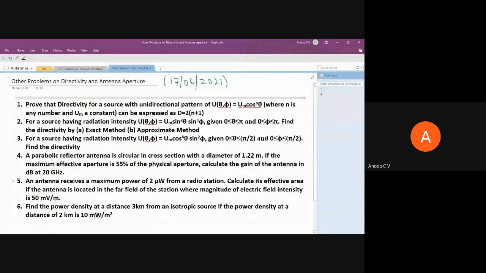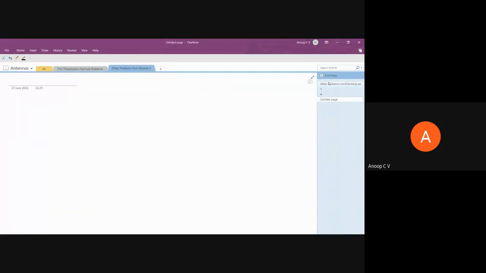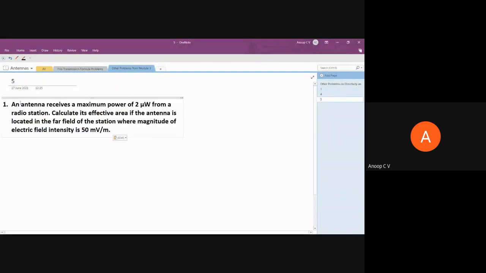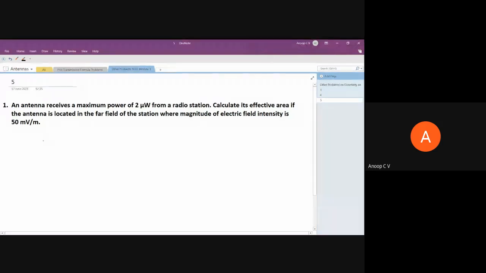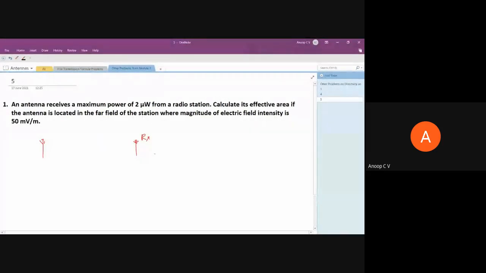I'll put the fifth question on a different page. So this is the fifth question. Please read it, and if you want, you can try it once. An antenna receives a maximum power of 2 microwatts from a radio station. So you have a radio station, a transmitter, and a receiver. This receiver receives 2 microwatts.